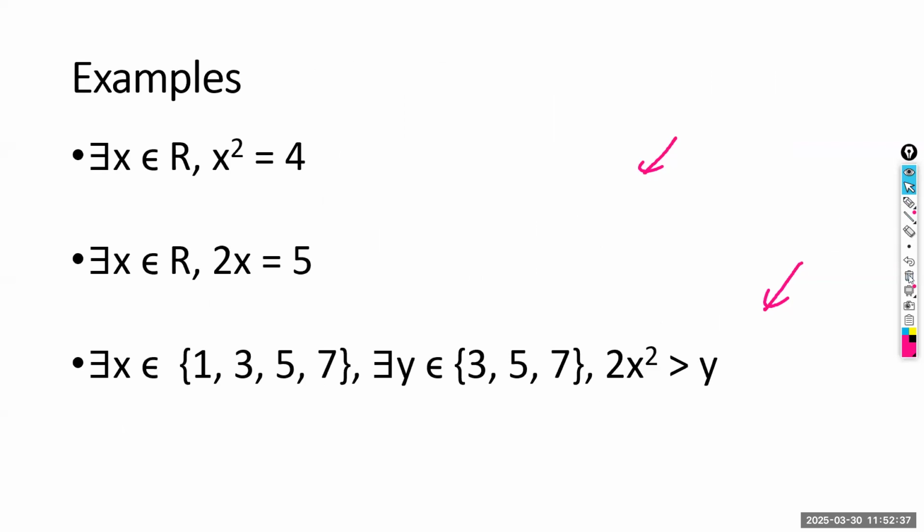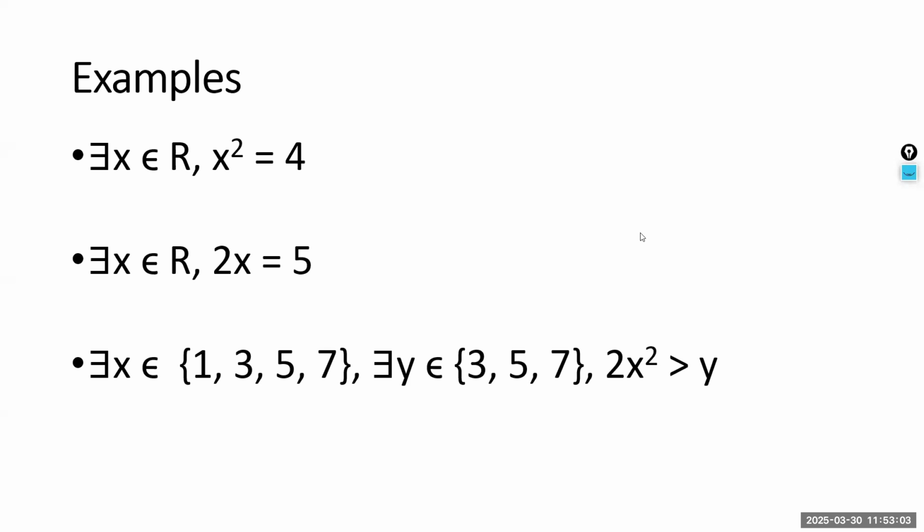Right. See whether you can give me the answers. First one, true or false: there exists x, a real number, such that x squared equals 4. That means if you have at least one real number which satisfies this, the statement is true. Obviously true, right? Actually, you can find two real numbers, one is -2, the other is +2.